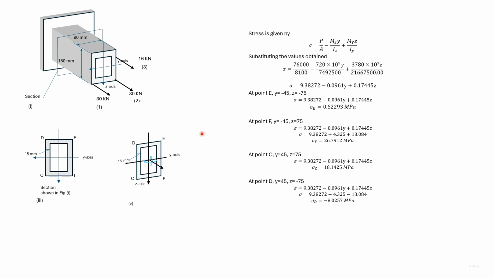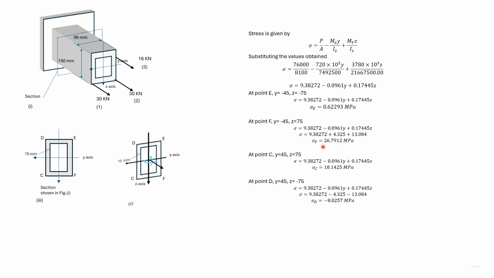Consider the point E. Y is minus 45 and Z is minus 75. We substitute these values to get the stress at E. At F, Y is negative, but Z is positive.